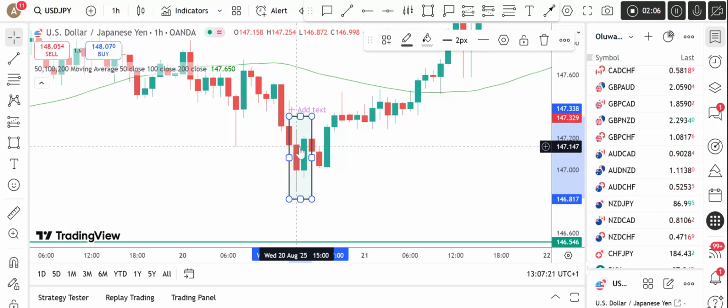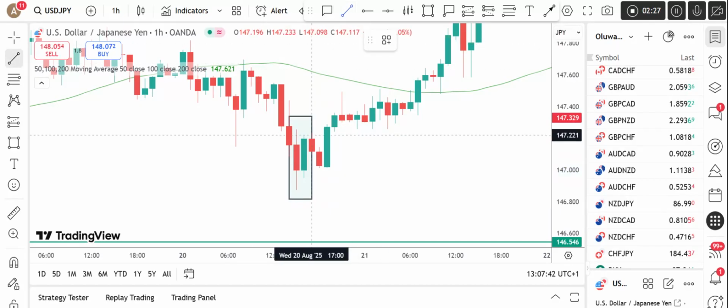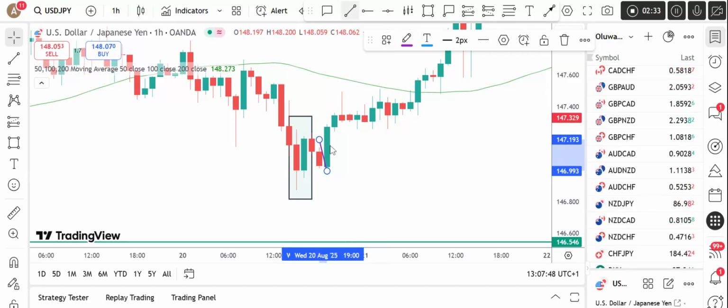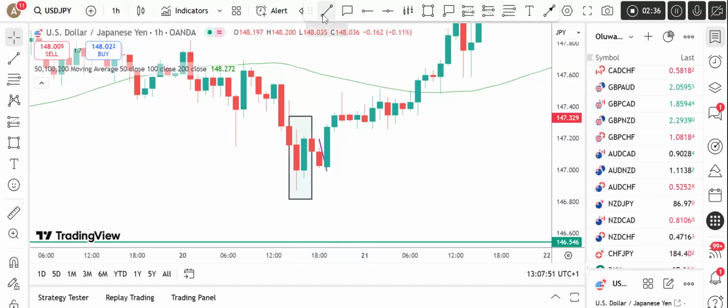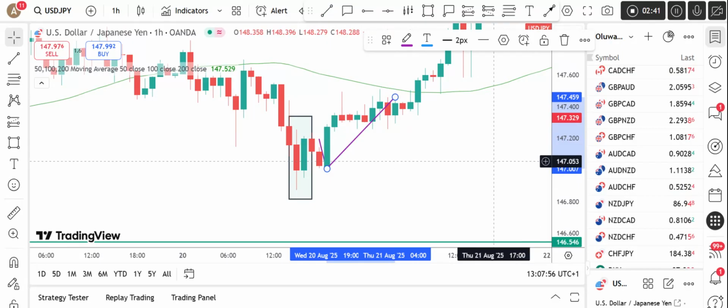You can see that the candlestick closed above the previous candlestick. The market has to obey the law of price action and still retrace back here before it begins the upward side. It has to first pull down like this, then it goes to the upward side. So that's the bullish engulfing candlestick.